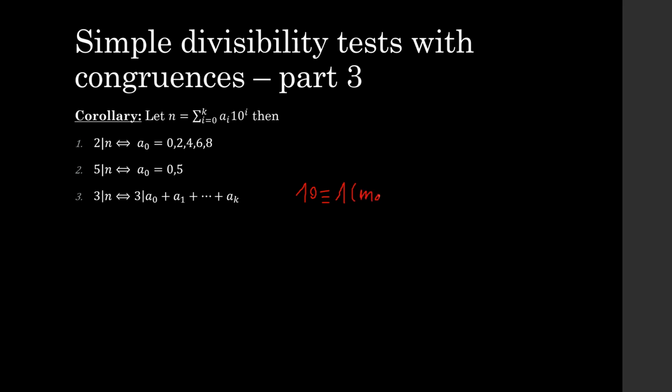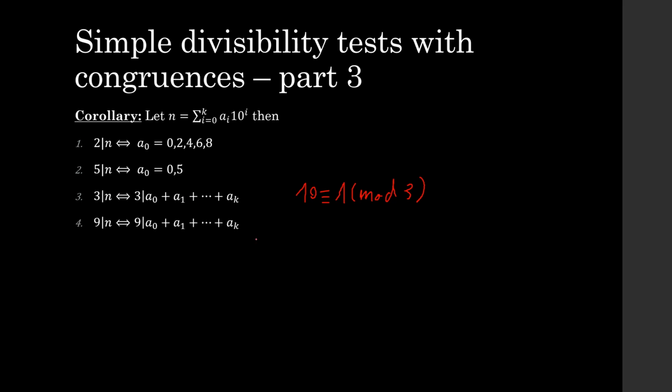And so according to the last slide, n is going to be congruent to a0 plus a1 plus all the way to ak. Which means, of course, that n minus (a0 plus a1 plus ... plus ak) is going to be congruent to 0. And so that means that 3 is going to divide their difference, and so 3 divides n exactly when it divides the digit sum.